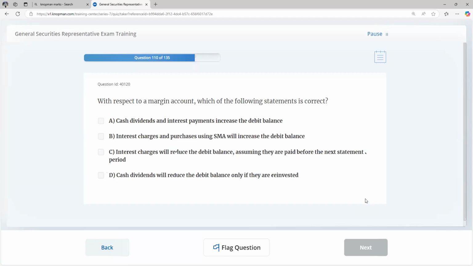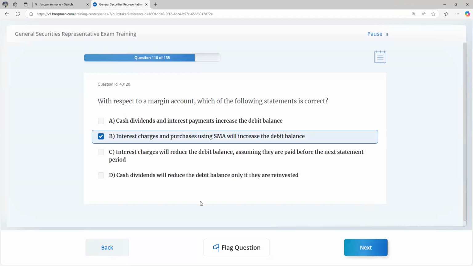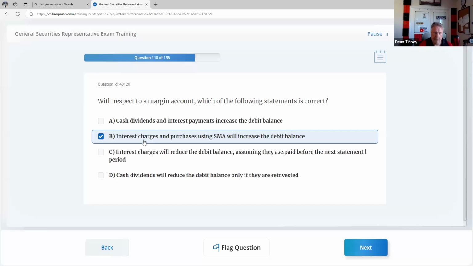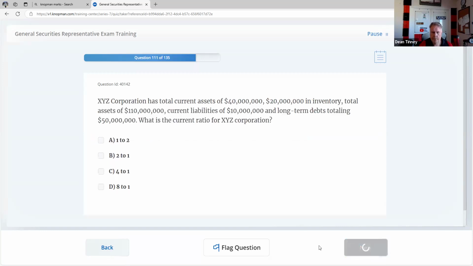Interest charges and purchasing SMA will increase the debit balance. I really have no idea what this one could be. I'm not gonna lie, this is a tough one. It's B, right? Because remember, that's going to be money you owe the firm. And when you use your SMA, we're lending you money, right? I'll let you mark me wrong on that though. Well, you got two ones right.